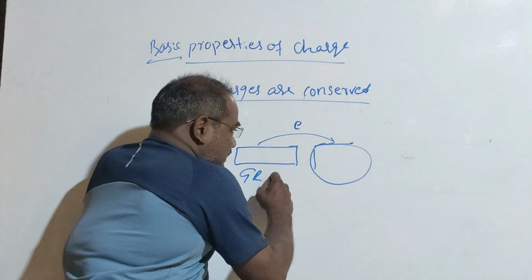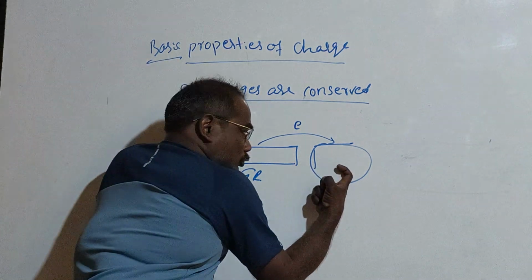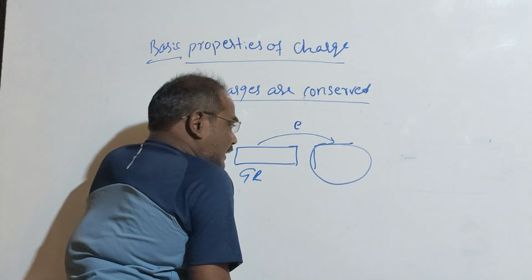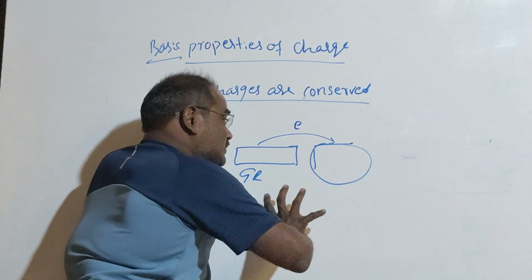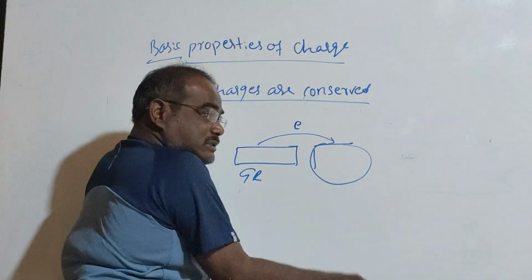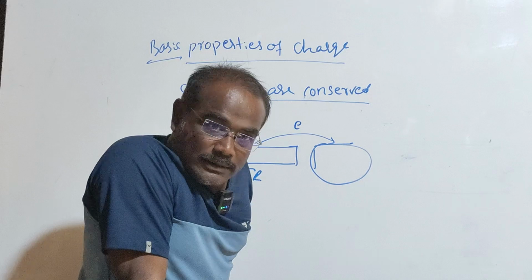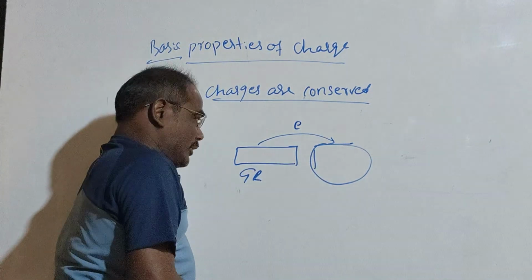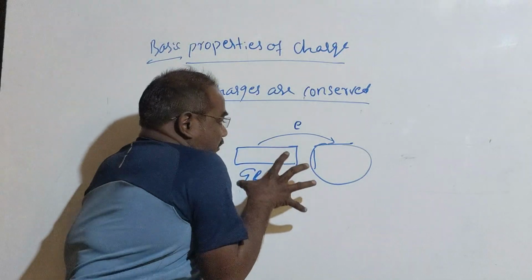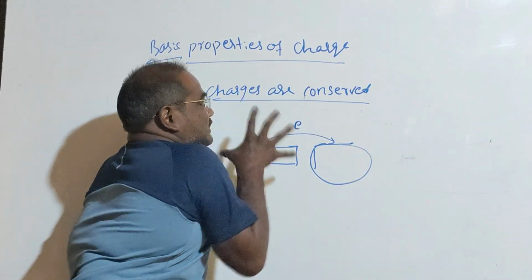One electron transferring from glass to silk cloth doesn't mean that there is a destruction of charge. No, the charges are transferred from glass rod to silk. Are you getting? Charges can only transfer from one body to another body. This is the meaning of charges are conserved.